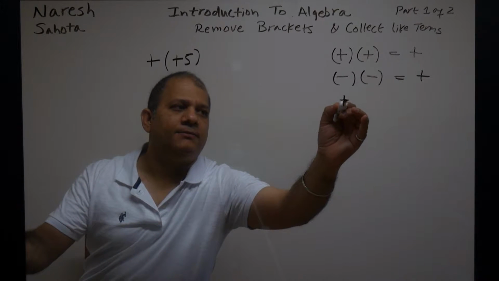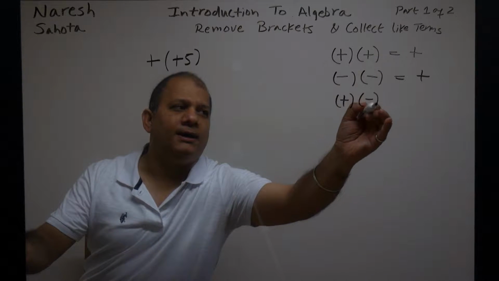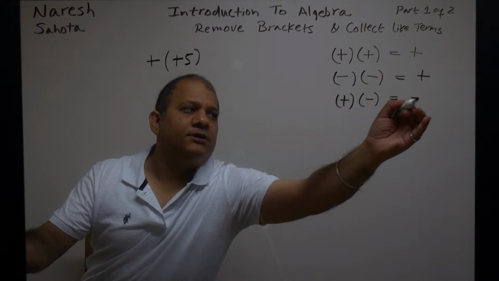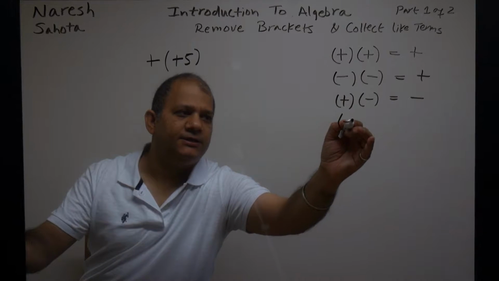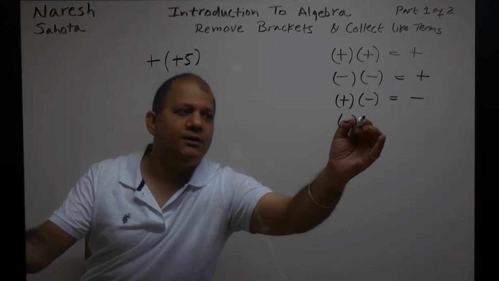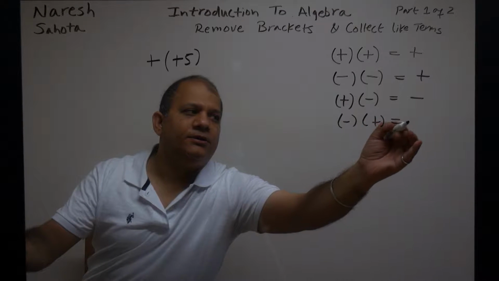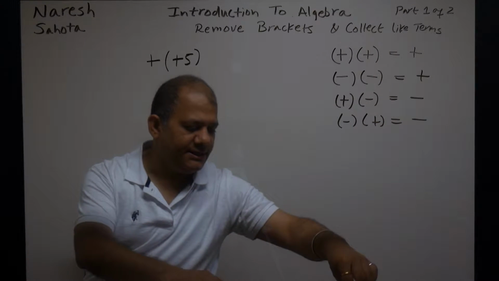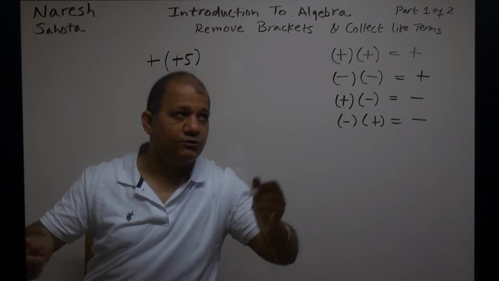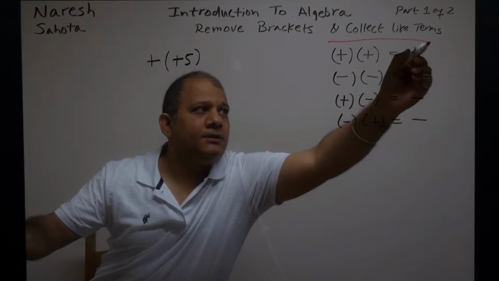If we multiply a positive number by a negative number, the result is negative, and vice versa. So if we multiply a negative number by a positive number, the result is negative. So these are the rules when we multiply.